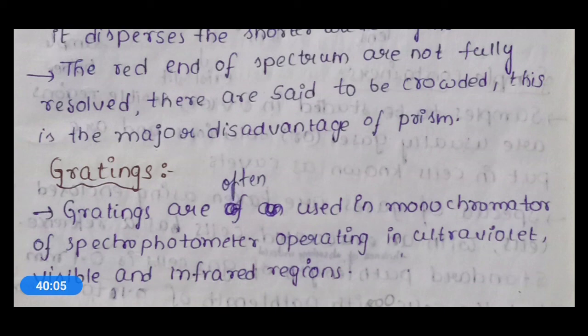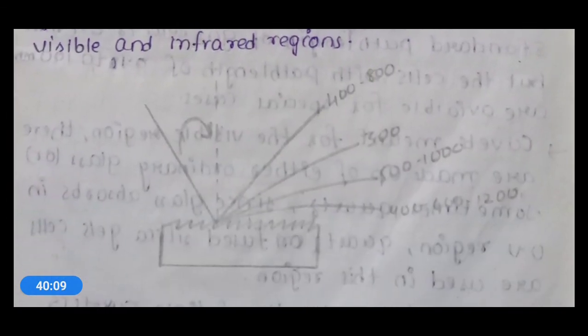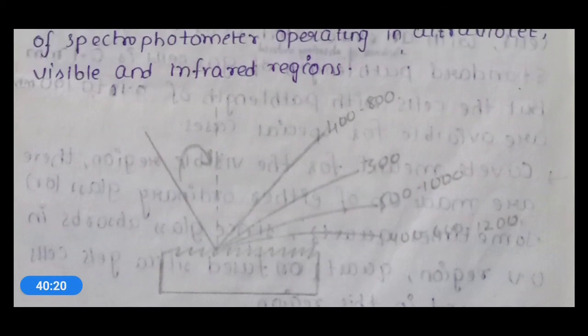But if you see the diagram of gratings here, it is also a form of prism, but here the prism is present in a zigzag manner. Okay, this is present in a zigzag form.